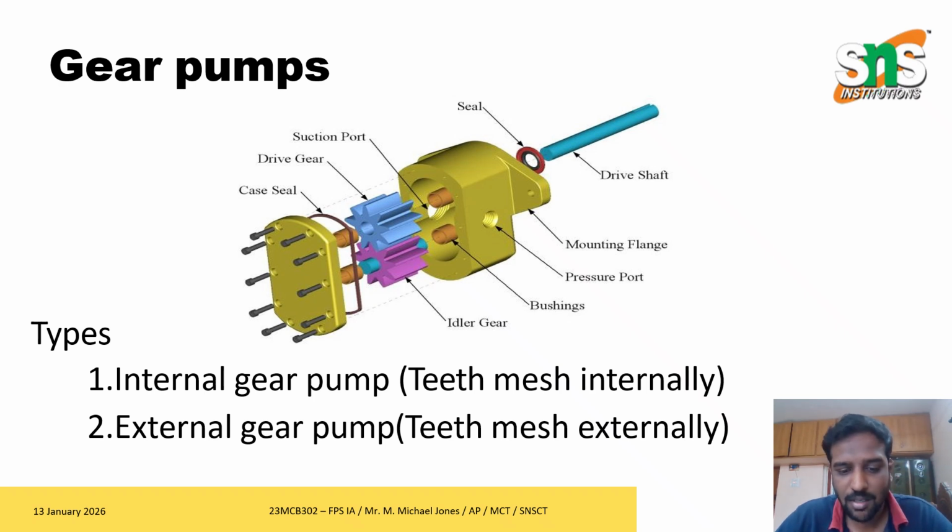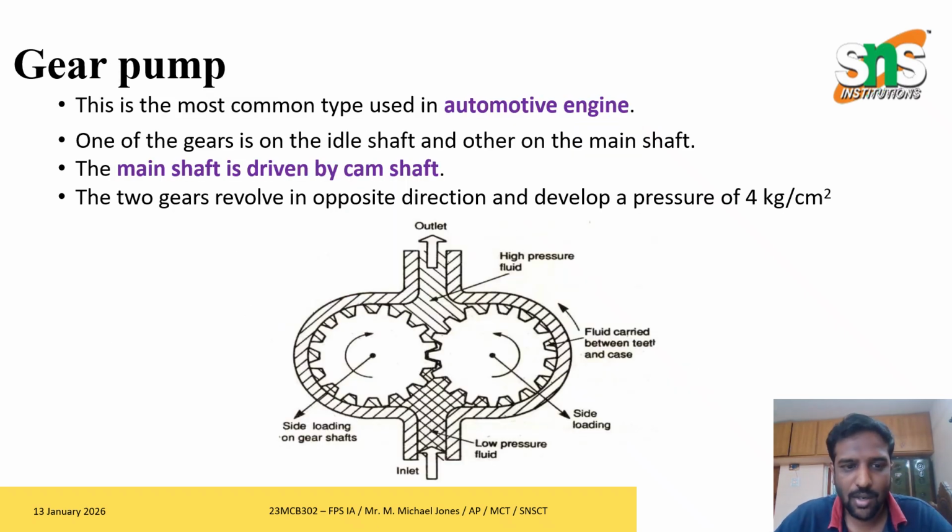That is the simple concept. Another difference is that the prime mover and the driven mover move in the same direction for internal gear pumps, and in opposite directions for the external gear pump.